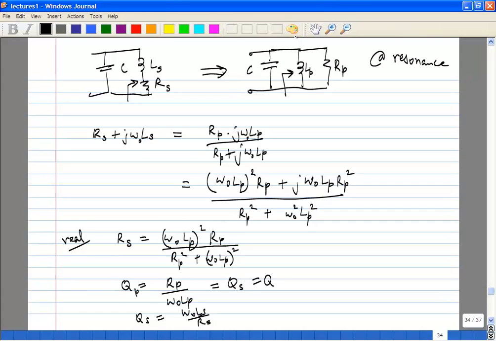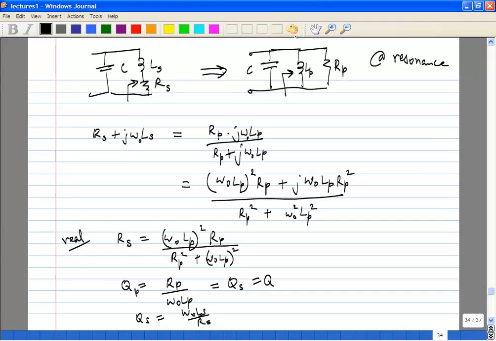So the reason is, first of all, of course, you are interested in the frequency range around resonance. But more importantly, remember that you have taken your Q at resonance to be omega naught LP over RP, right? So that definition is valid, you can define something when you neglect C. For example, if you look at very low frequencies, you can neglect C and just take LP and RP. You can do the same thing. Definitely, it will be generally valid. But in this case, we are looking at the Q at resonance and defining everything in terms of that. You are right. It will be valid at any frequency, right?